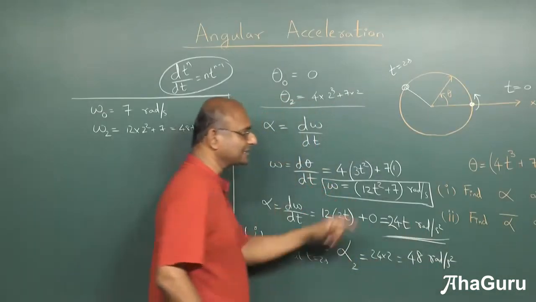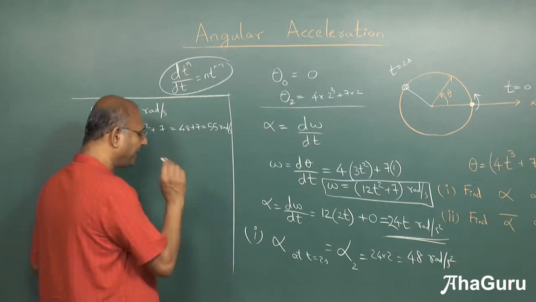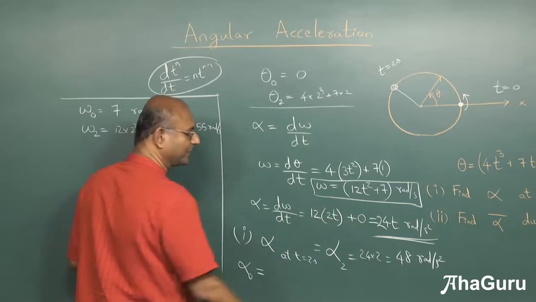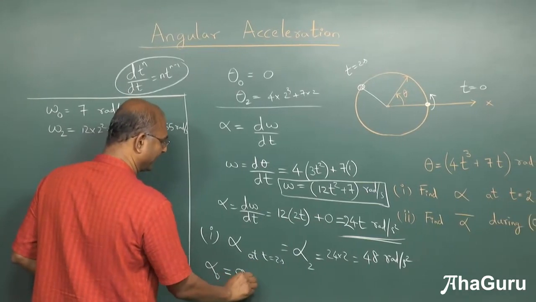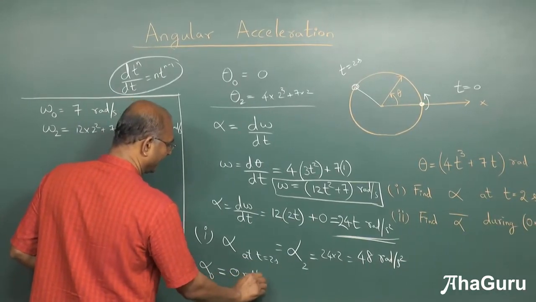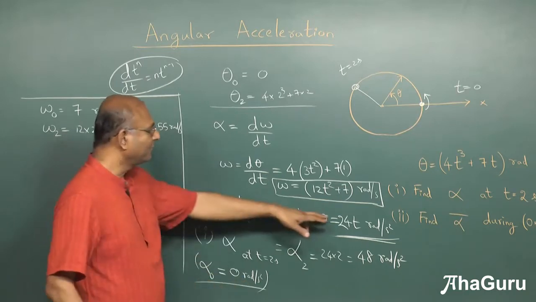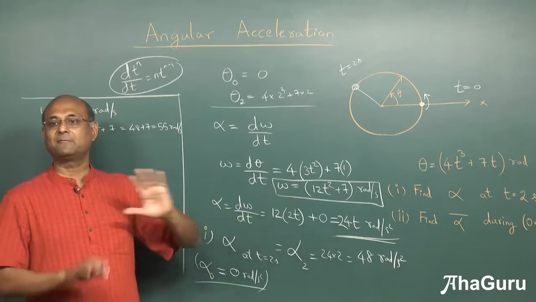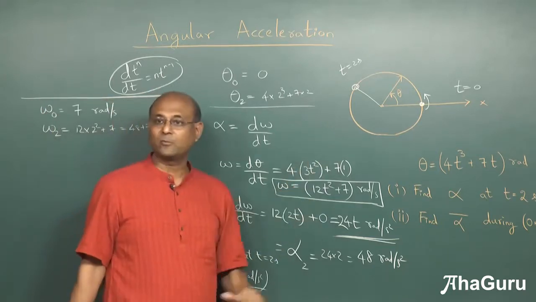So this is the answer to that question. If I had wanted alpha at 0, I can substitute t equals 0 and I will get 0 radians per second square. You can see that alpha is a function of time, it's changing with time, it is not a constant, so alpha is a variable. It varies from point to point.